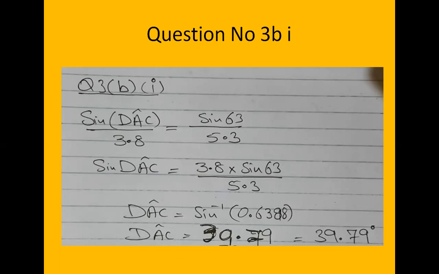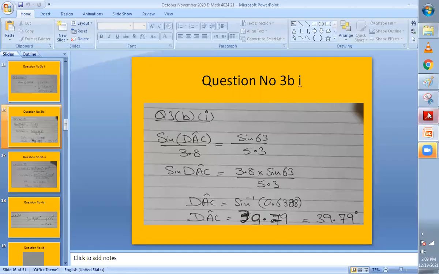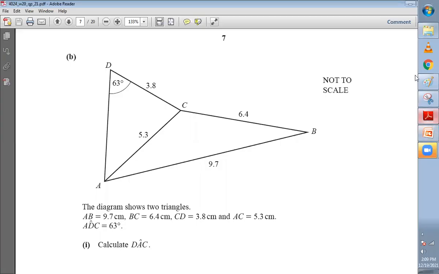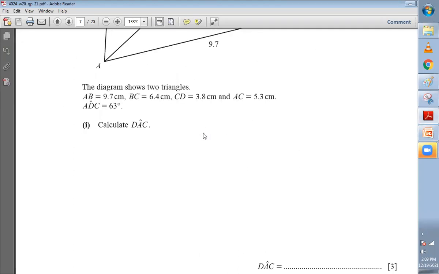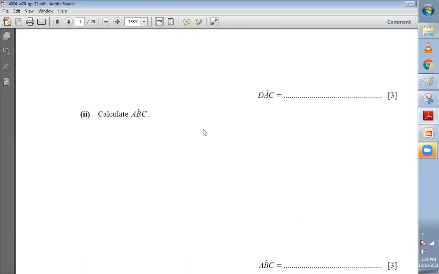So 39.79 is the angle DAC. So now I know that this angle is 39 point something. Okay, that was the first part, and it was of 3 marks.